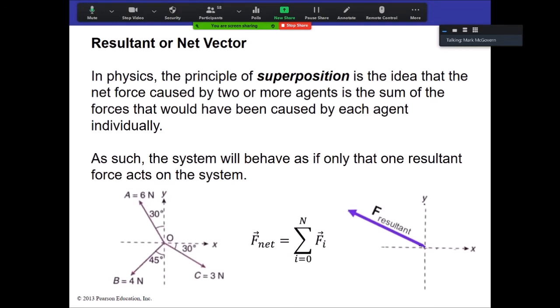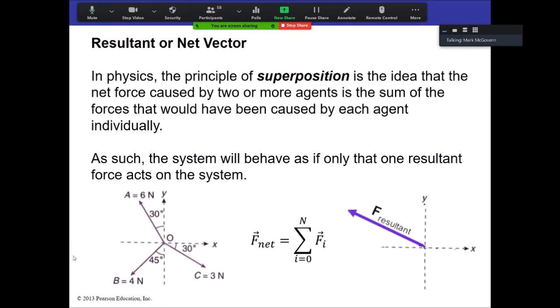Now, these forces work independently of each other. The fact that one force exists doesn't change the magnitude or direction of any other force directly. So these are independent vectors. The idea of superposition is these independent vectors can work in tandem to produce the effect of a single vector.